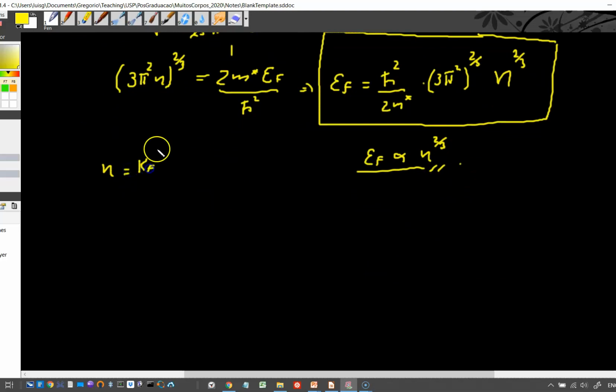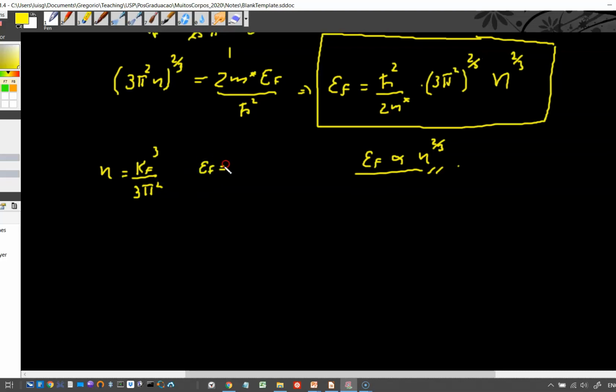Kf cubed over 3 pi squared, and of course EF is h bar Kf over 2m star. All right, so what is the calculation that we want to do?